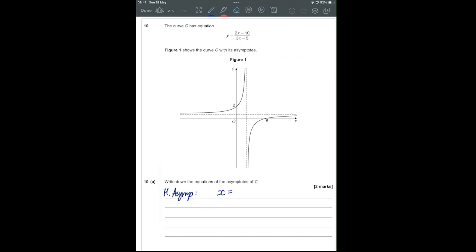My vertical asymptote, my x equals asymptote, is where the denominator is a divide by 0. So that's at 5/3. And my horizontal asymptote is when x tends to infinity. When x goes to infinity, that minus 10 and minus 5 don't matter. So my horizontal asymptote is y equals 2/3.